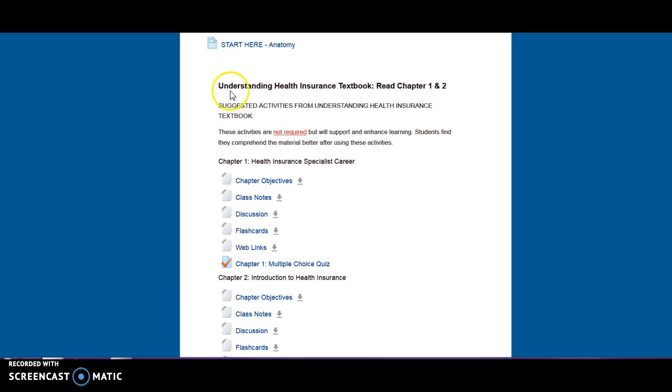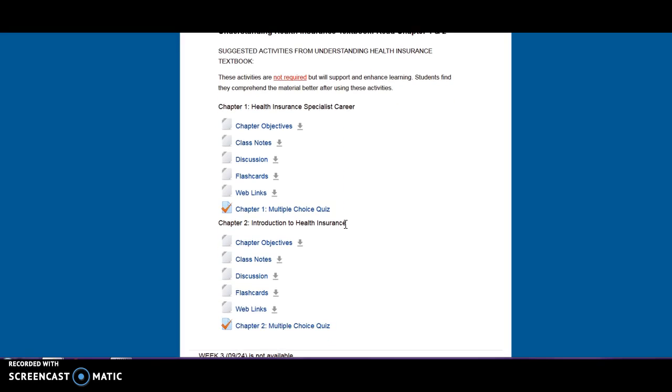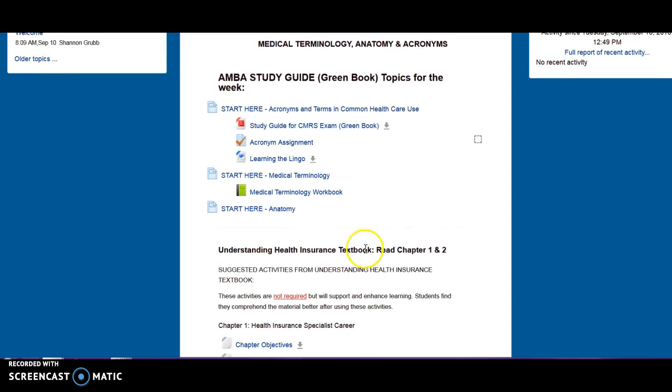Now, what you'll see, it says Understanding Health Insurance Textbook, read Chapter 1 and 2. Below it, whenever we load a chapter for you to read in that textbook, there are suggested activities. These are not required. The ones that are listed under your AMBA study guide, such as the acronym assignment, are required.